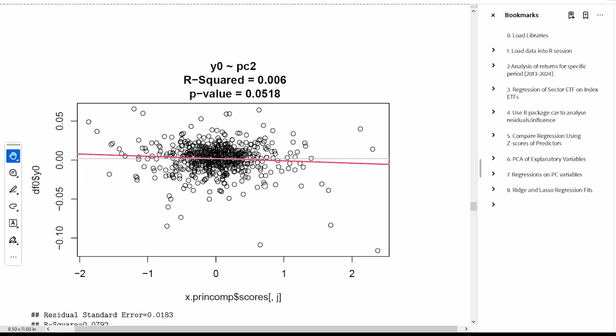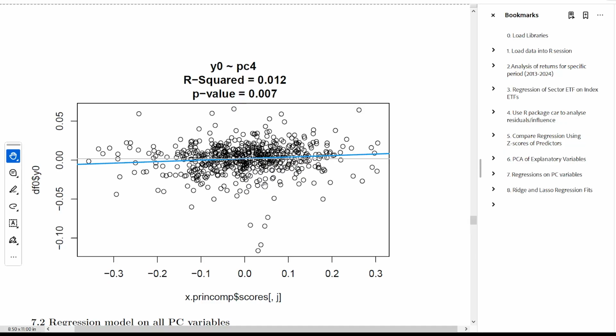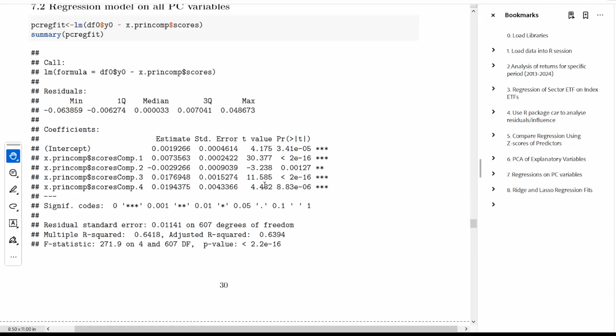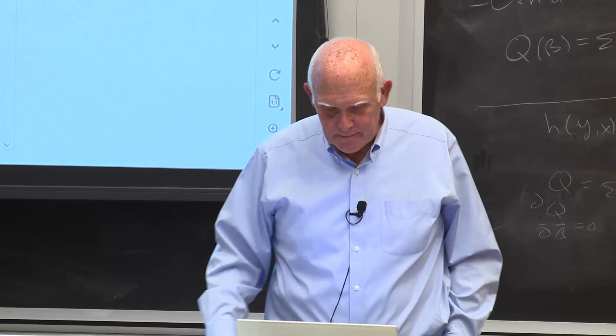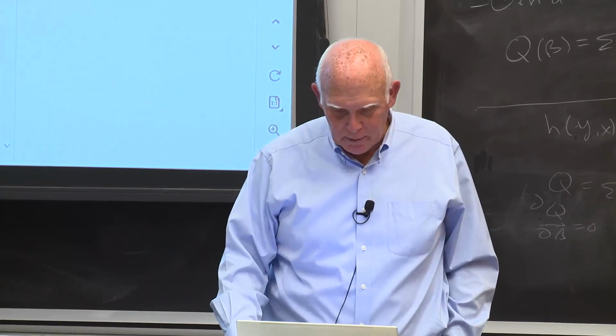With very large samples, we're able to judge small correlations as being statistically significant, but maybe it's not practically significant. Then the third has a small R squared as well, and the fourth, again, rather small. What's of interest is basically how statistically significant the principal component variables are.